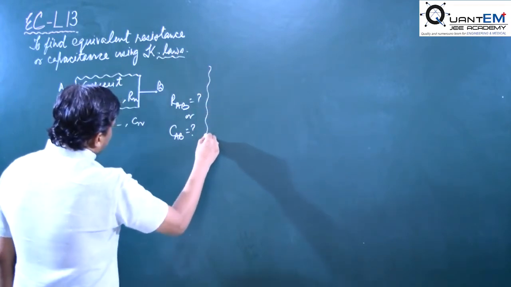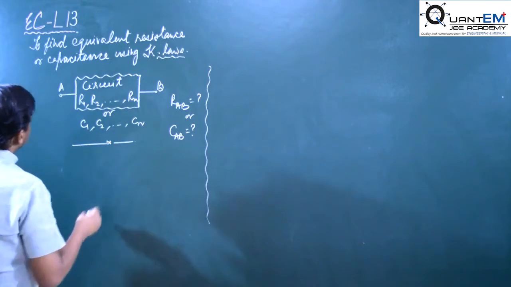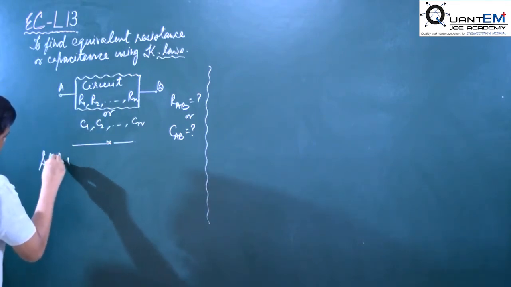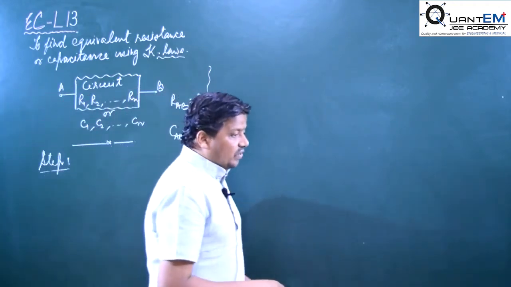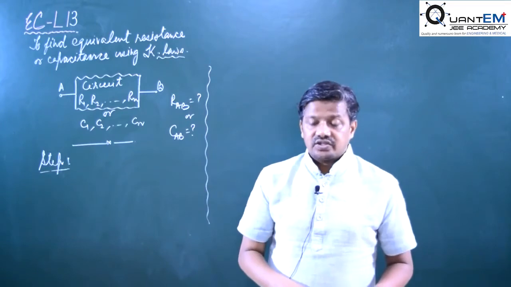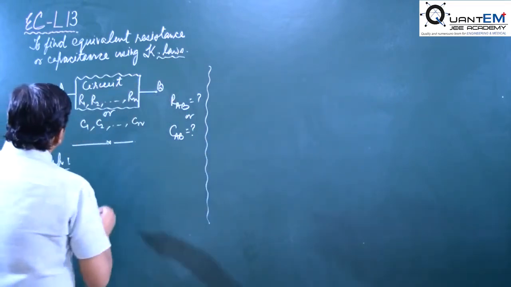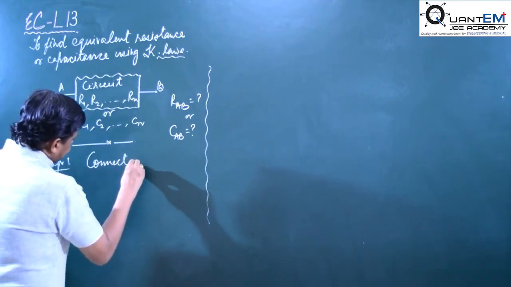Okay, so what we have to do, we come to the first step. We connect this circuit with an external source of given potential.